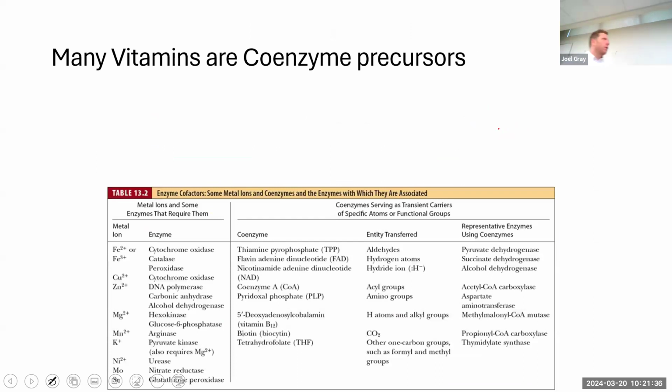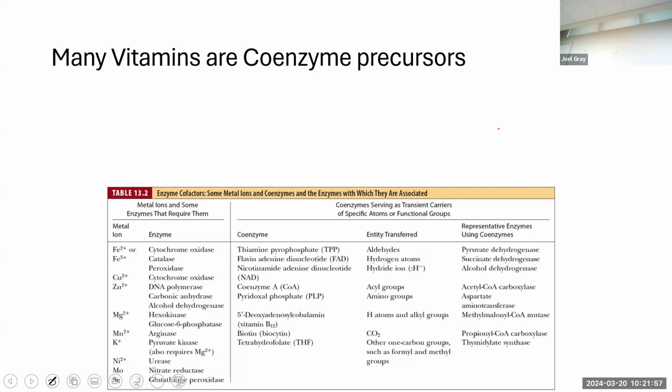Okay, now this is a table I do not expect you to have committed to memory or anything like that. But I want to give you some examples. Some molecules that you will encounter when you take metabolism. There are a number of different coenzymes that are things that you'll see in your day-to-day life, maybe.